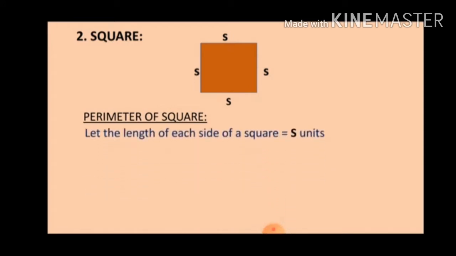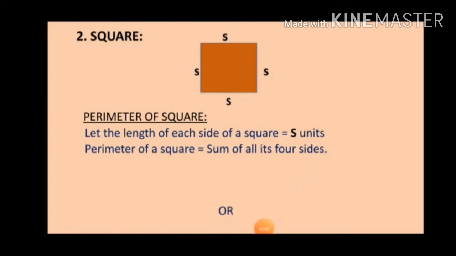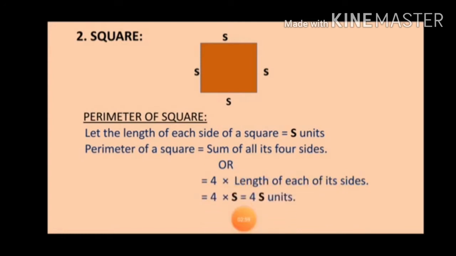So we have taken the length of each side of a square to be S units. Then its perimeter will be given by taking the sum of all its four sides. As it is a four-sided closed figure with all its sides of equal measure, we can multiply the length of each side by 4 to get the total distance or the perimeter for this given figure.